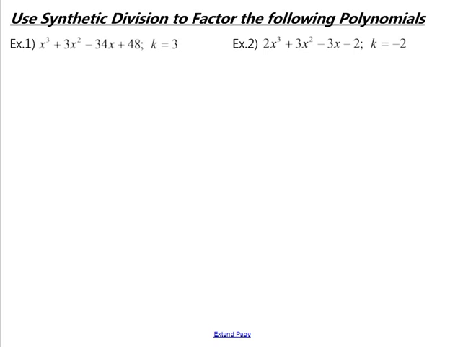So let's go ahead and work out a couple examples using synthetic division to factor the following polynomials. So here we have this one, given one of the zeros is 3. So we start off with the synthetic division, putting the zero in the box, and then we can write the coefficients: 1, 3, negative 34, and then positive 48. And we're not missing any of the terms. So we'll go ahead and get started.